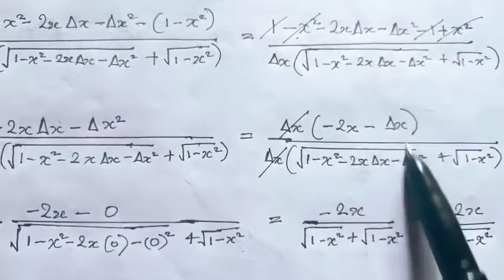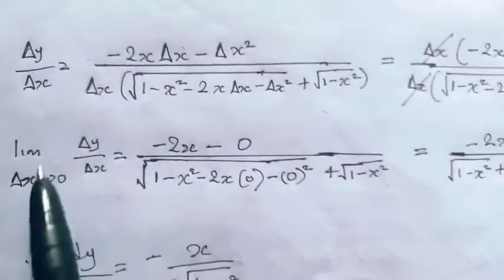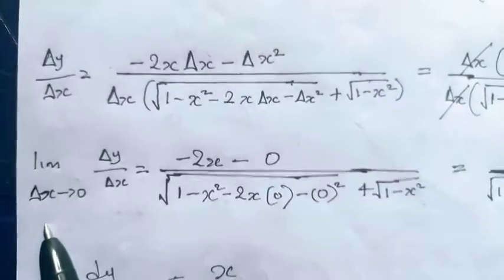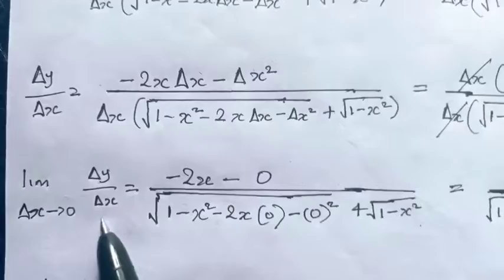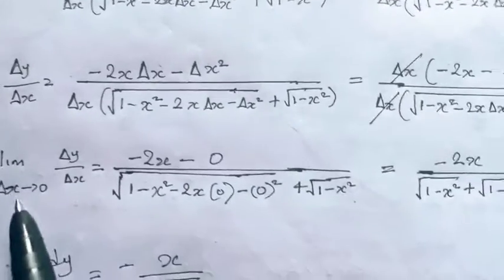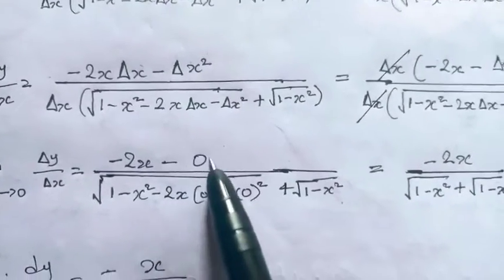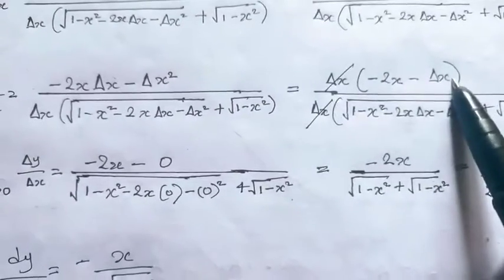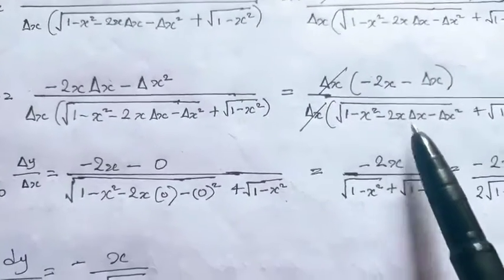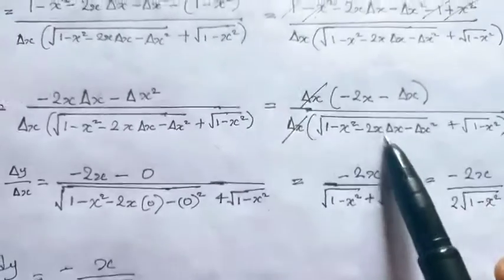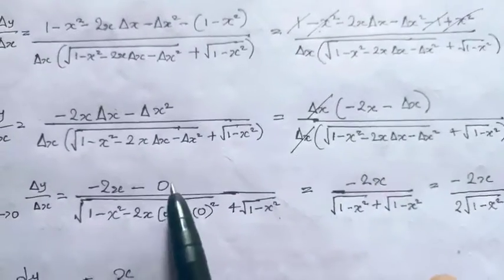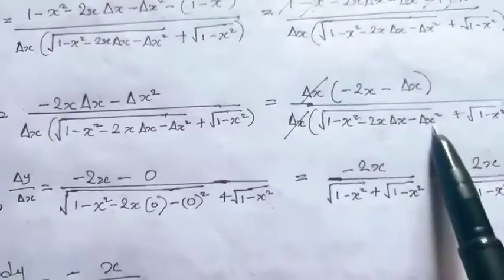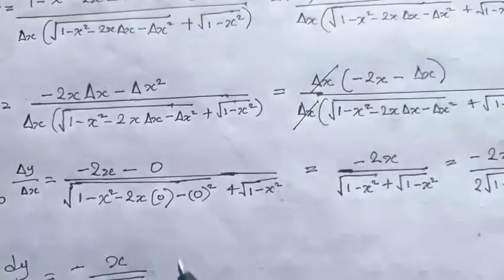And now from this step, I can simply take the limit as x approaches 0 of change in y over change in x. Because of that, I simply replace all my change in x with 0. You can see from here I have my change in x here to be 0, and here I have my change in x also to be 0, and change in x squared here to be 0 squared.